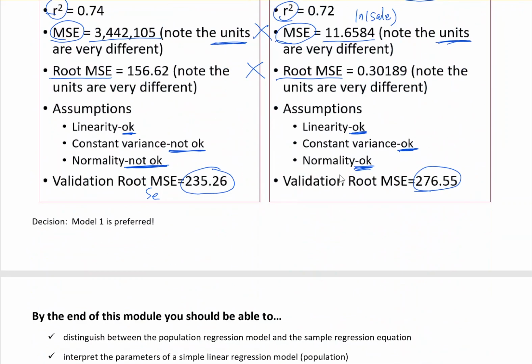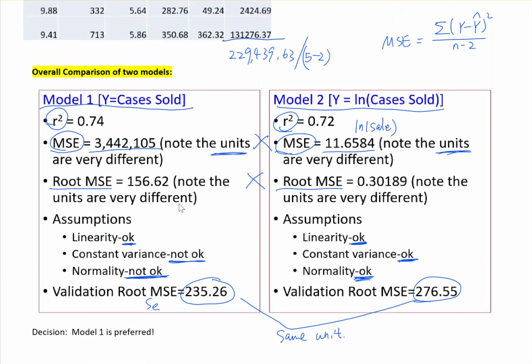So that means the validation MSEs have the same unit, right? So if they have the same unit, we can compare them, right? So for this case, the validation MSE for model 1 is smaller than the validation MSE for model 2.